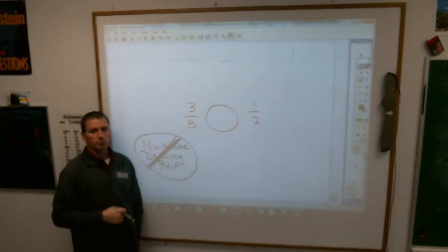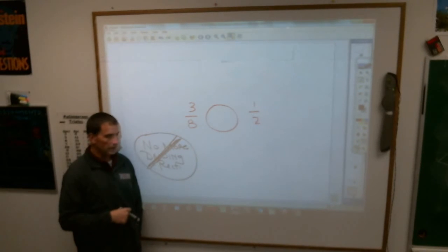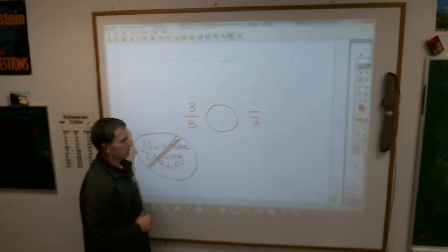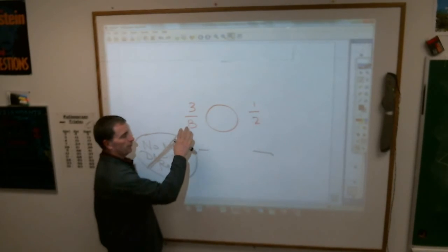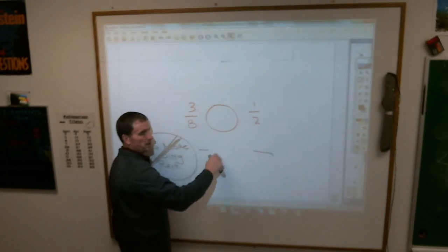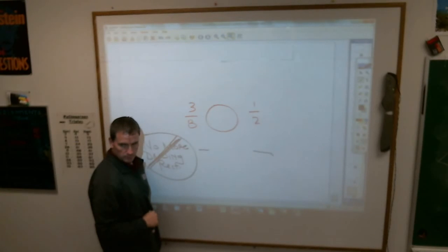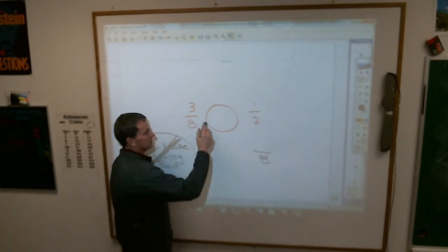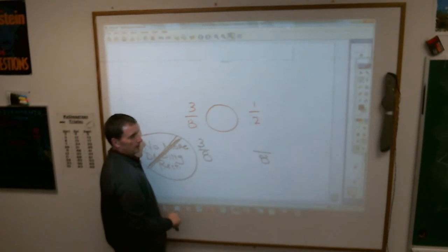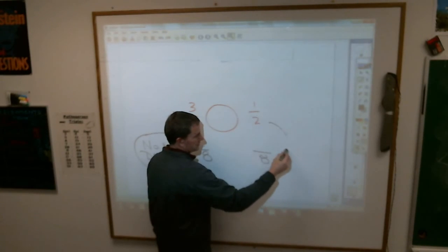In order to appropriately find which one's bigger, you need to change them to common denominators. If you have an 8 and a 2, what's the smallest thing that 8 and 2 go into? 8. So I need to change them so they both have 8s on the bottom, which is nice because this already is 8. 1/2 is how many 8s? 4.